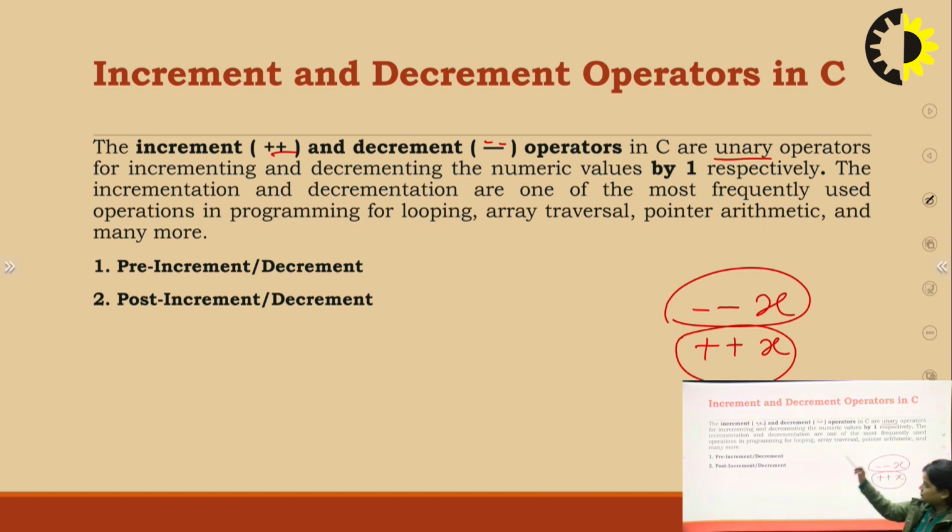Now, for incrementing and decrementing the numeric values by 1, if we talk about the increment operator, then it increases the value by 1. And if we talk about the decrement operator, then it decreases the value by 1.